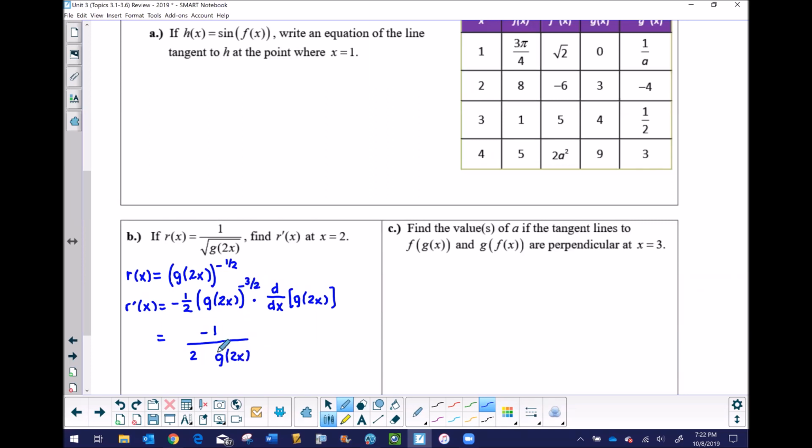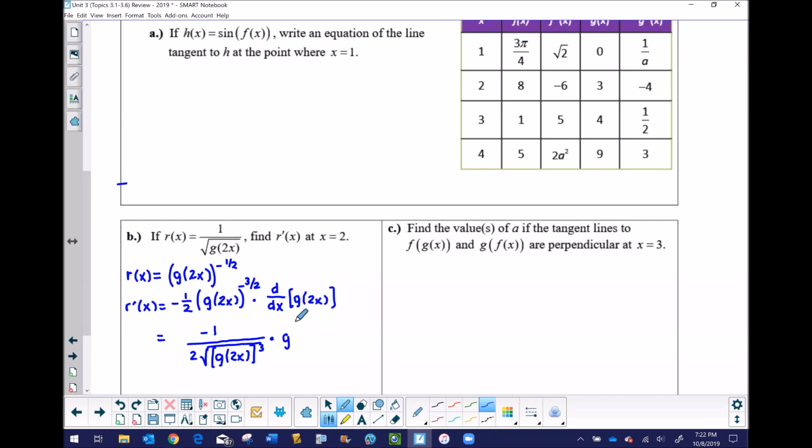A 3/2 power is really nothing more than something cubed and then placed under a square root. I have a feeling that we might prefer it to look that way here in a moment when we start to evaluate it. Once we start to plug in stuff for x, it looks like x is going to be 2, huh?